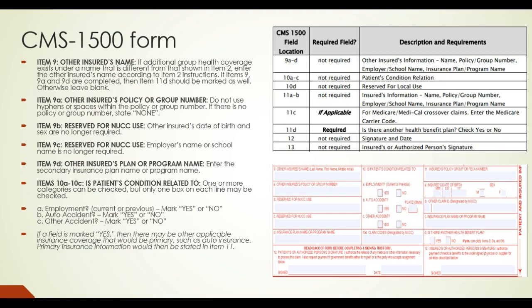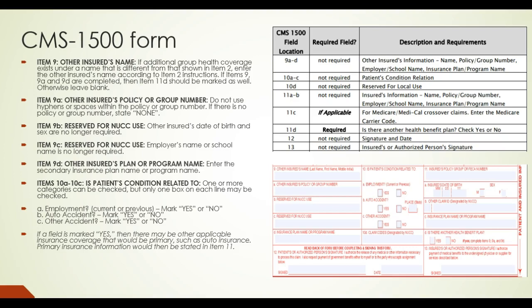Well, actually, it's required, but it's not usually something that is entered, but that would include the group number or FECA number. You wouldn't use any hyphens or spaces. Even if they appear on the insurance card, just make sure you don't use those hyphens.